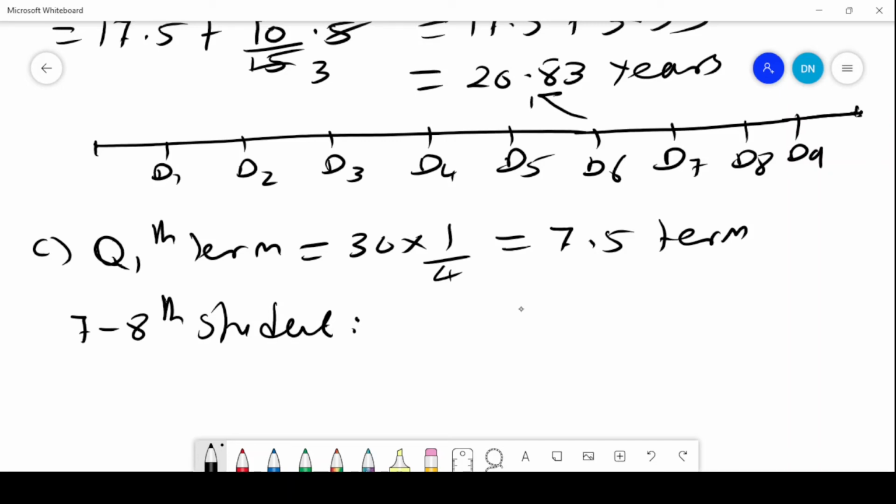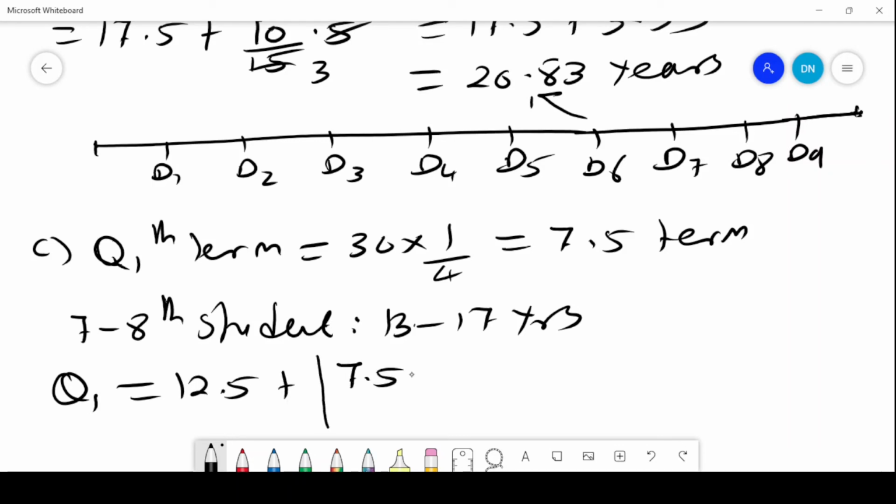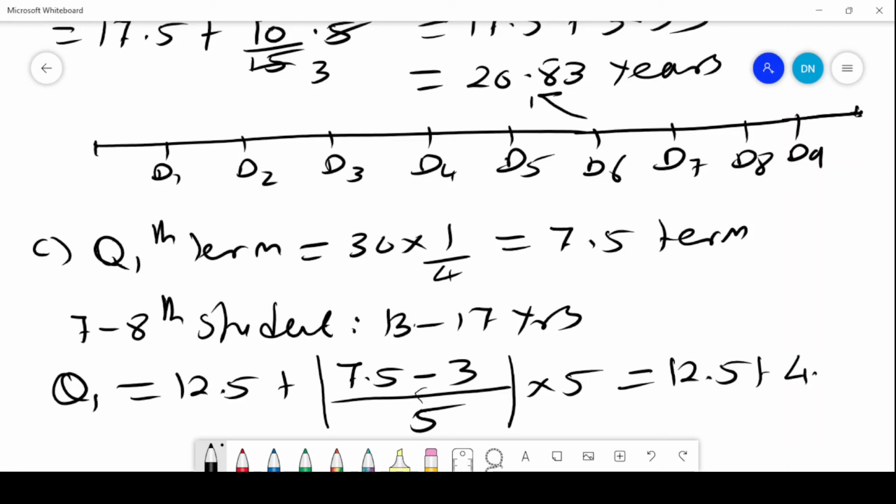He is aged between 13 and 17 years. Therefore, we can get the actual value, which is L1, which is 12.5 plus 7.5 minus 3, because it's in the second class, divided by the frequency of that class, which is 5, times 5, which is 12.5 plus 4.5, which is equal to 17 years.